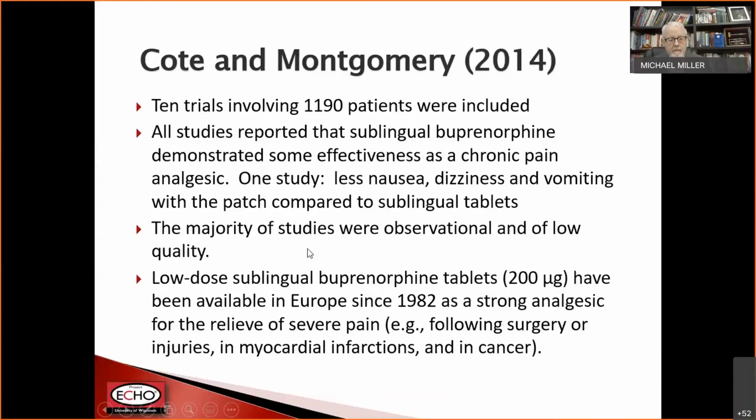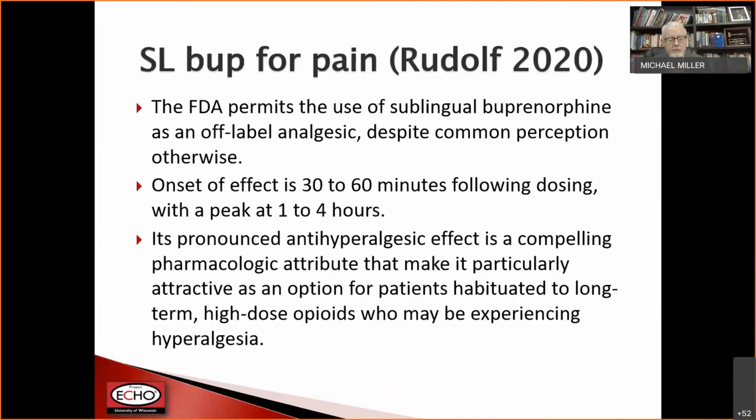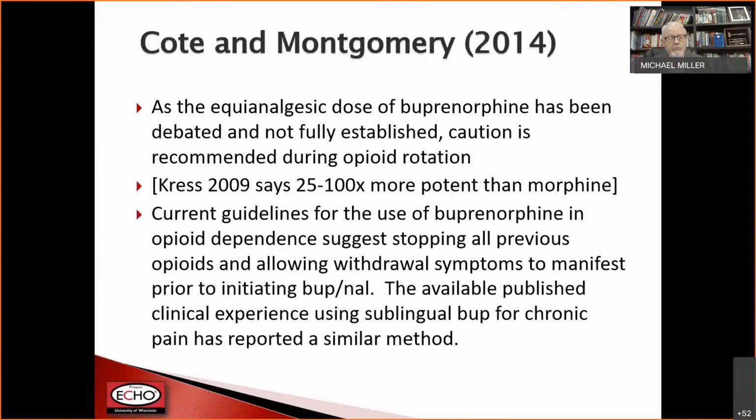So in Europe, they've been using bup tablets since 1982 in surgical pain situations. So if you are going to use it for pain, onset 30 to 60 minutes after the dose, peak dose 1 to 4 hours. But again, a once-a-day dose will not give you anywhere near the pain control of a 4-time-a-day dosing.